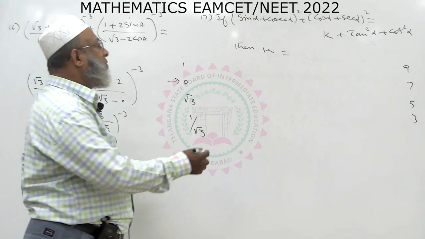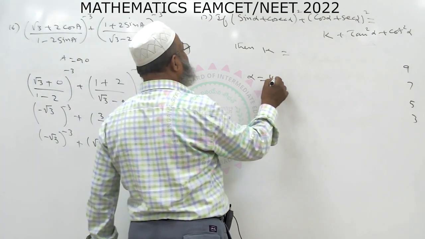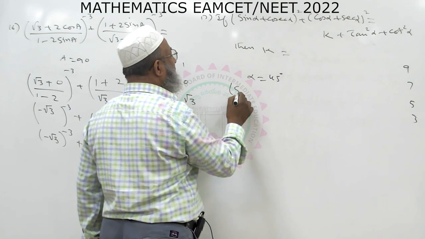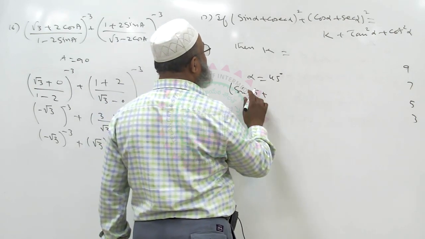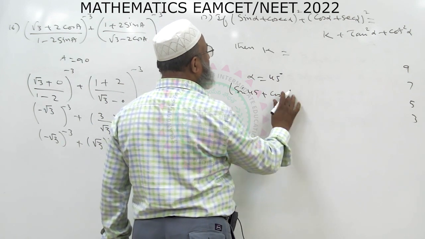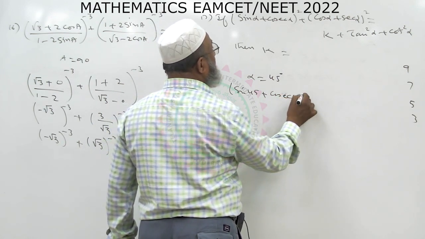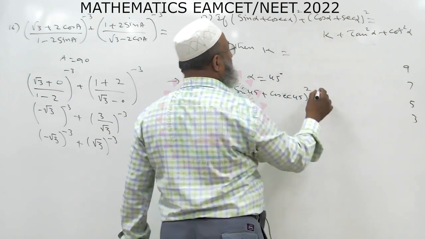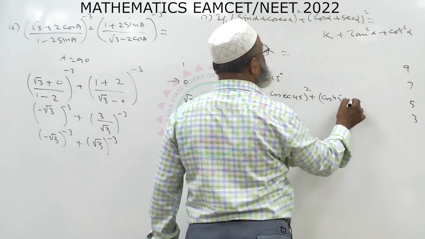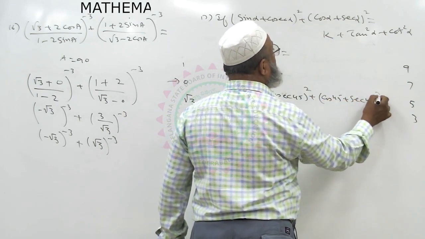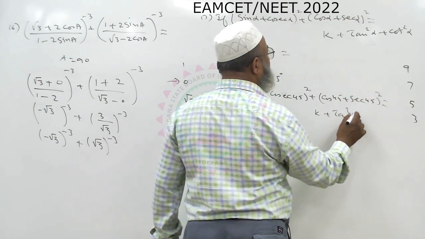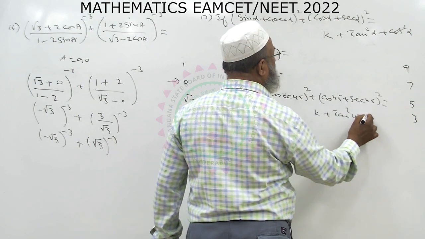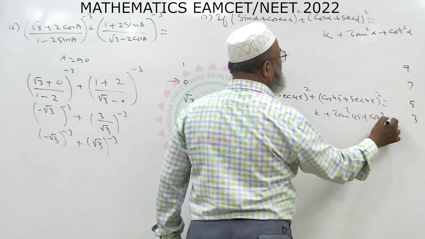Suppose I substitute alpha is equal to 45, see what happens. (Sin 45 plus cosec 45) whole square plus (cos 45 plus sec 45) whole square is equal to k plus tan square 45 plus cot square 45.